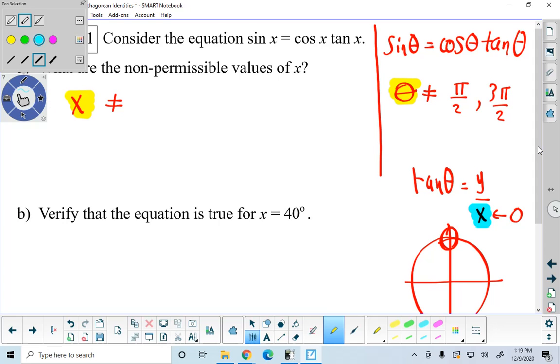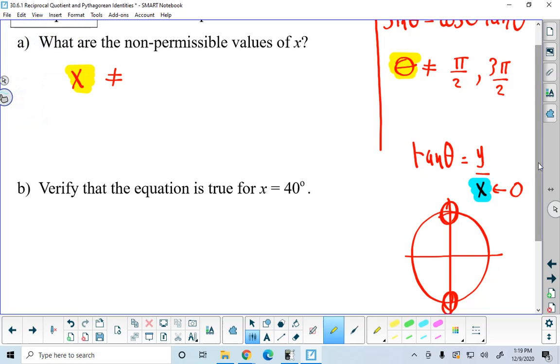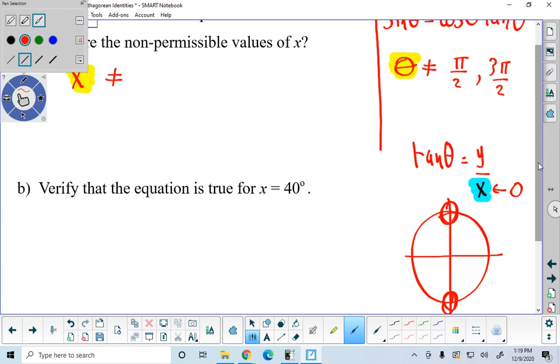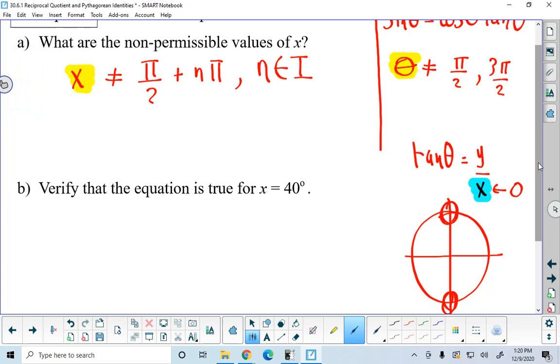Given that there are an infinite number of angles that end up in those not allowable positions, we have to say that it cannot be pi over 2 plus multiples of pi, where n is an integer. And we're not going to get hung up on non-permissible values today. I introduced them a little bit in this lesson so that we can figure them out better later.